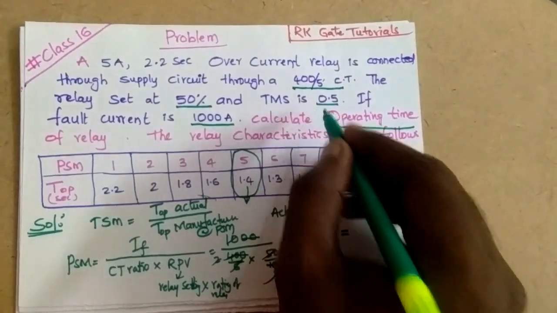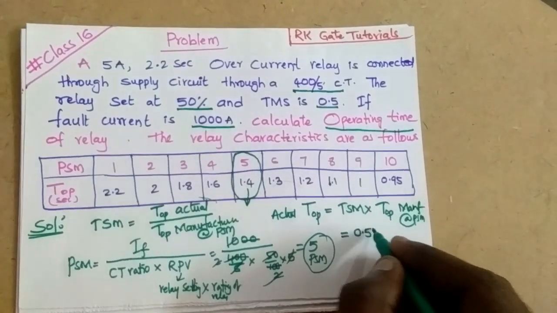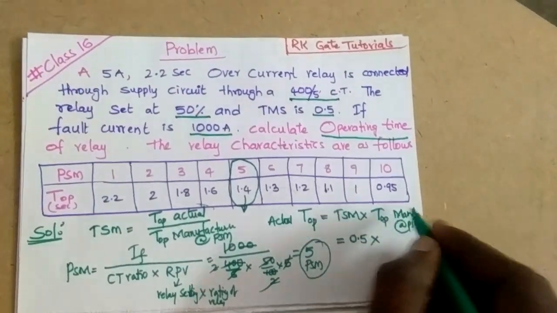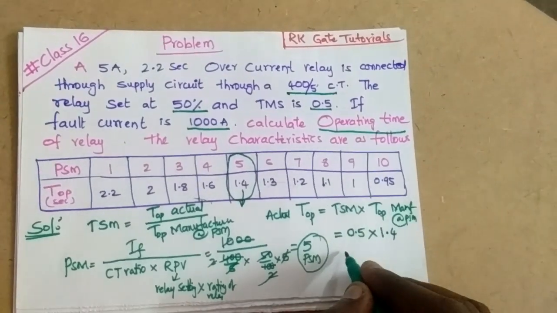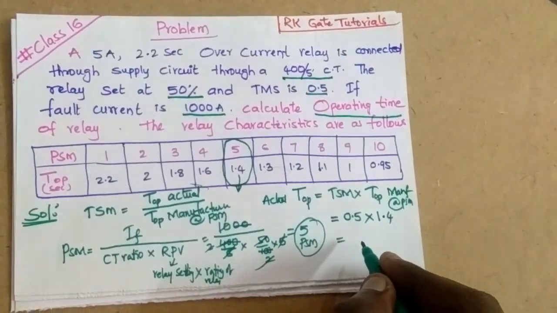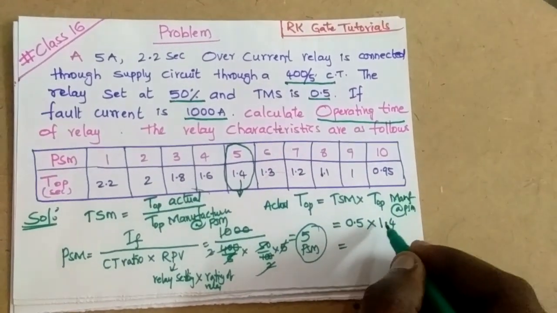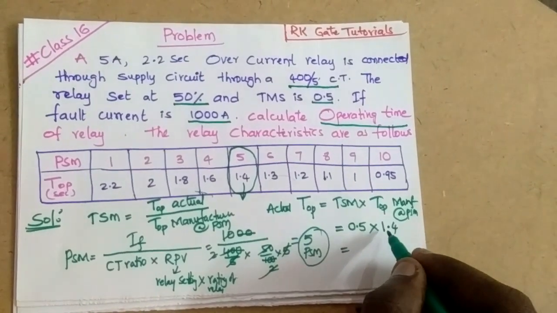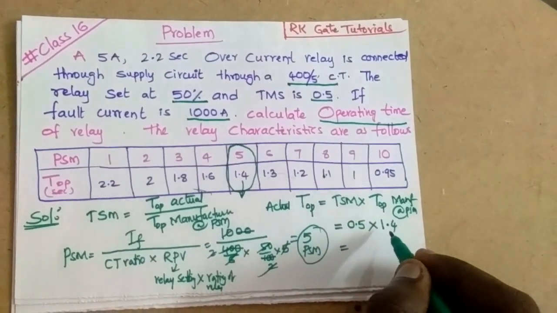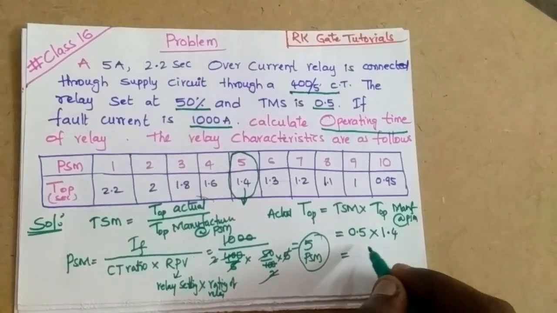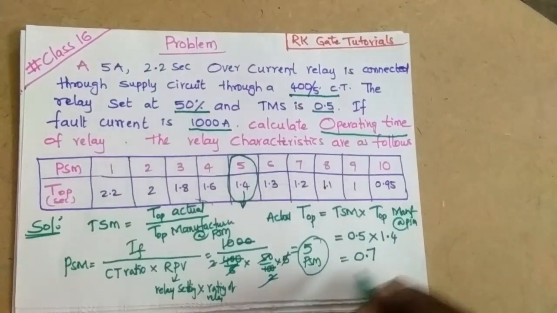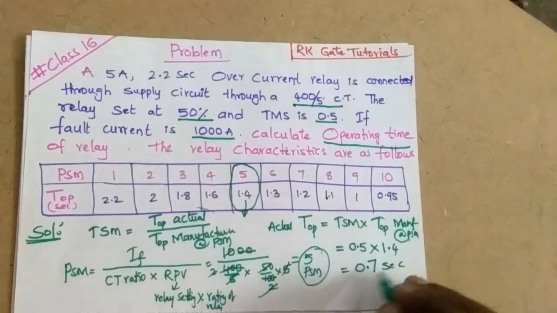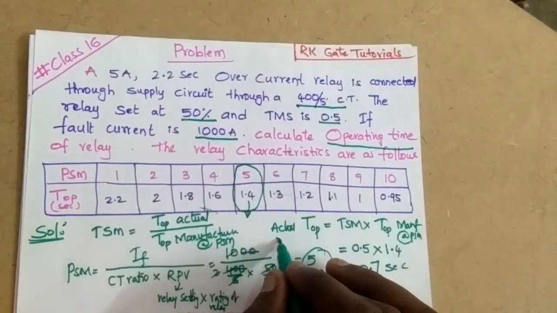TSM is given, that is 0.5, multiplied by the time of operation specified by the manufacturer, 1.4. If you do the calculation, 0.5 times 1.4, you will get 0.7. 0.7 seconds is the time of operation. This is the actual time of operation.